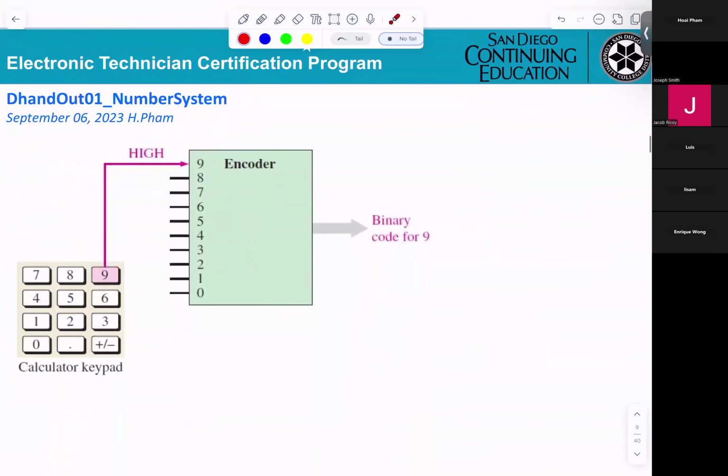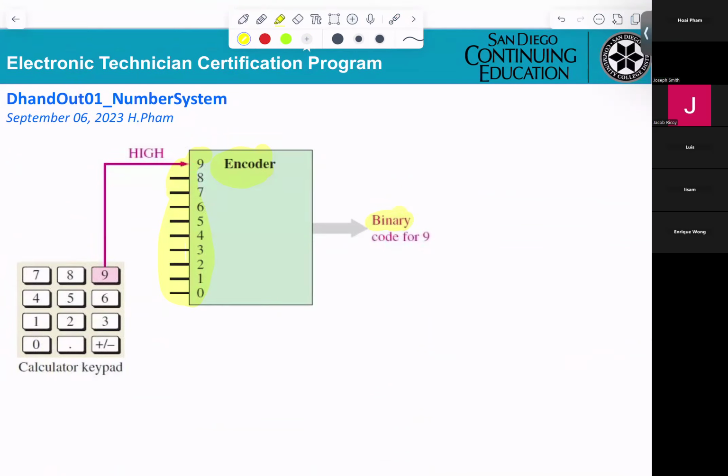And just for your little understanding, the encoder: this is decimal, and it will be binary.